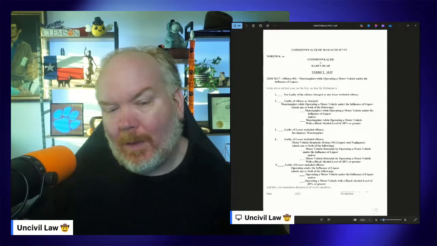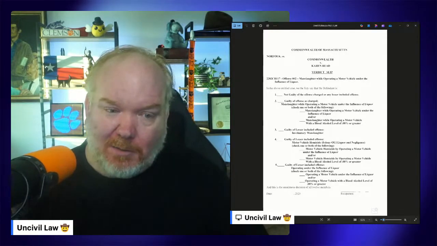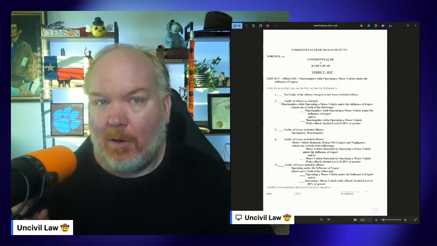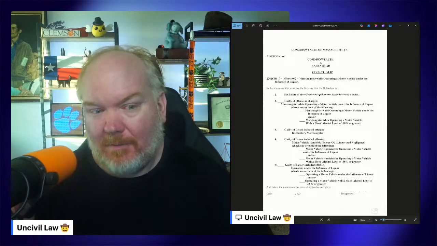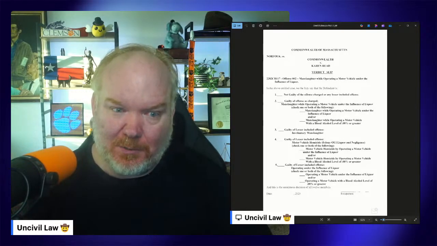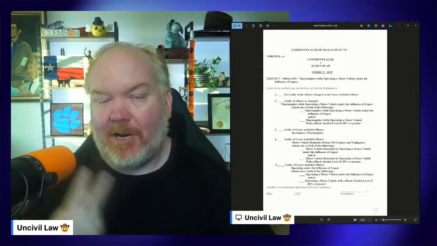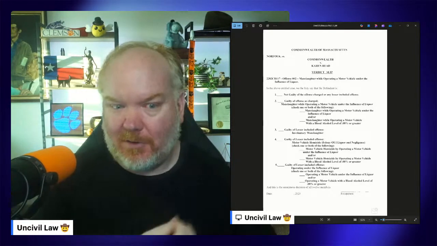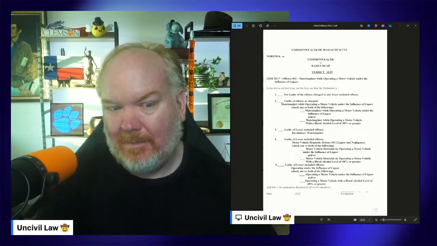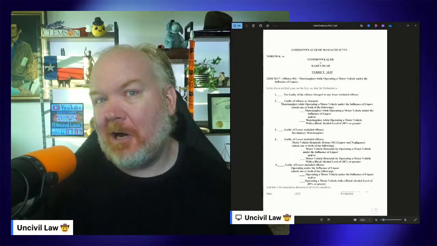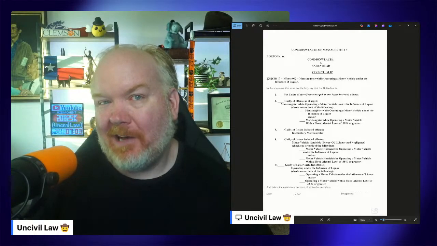Okay, so I'm going to give you another example about lesser includeds, just to highlight the point. I'll give you two examples. Every murder includes the crime of assault. It would be really hard to kill somebody without assaulting them.